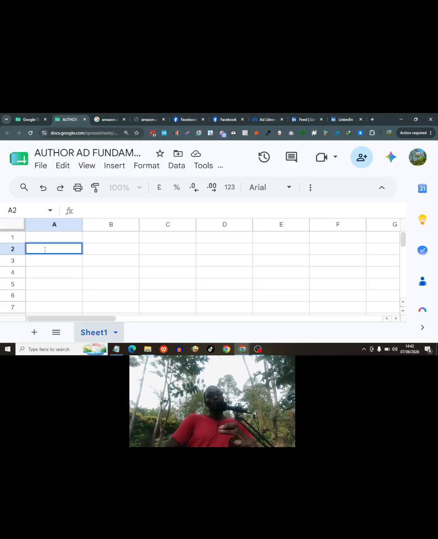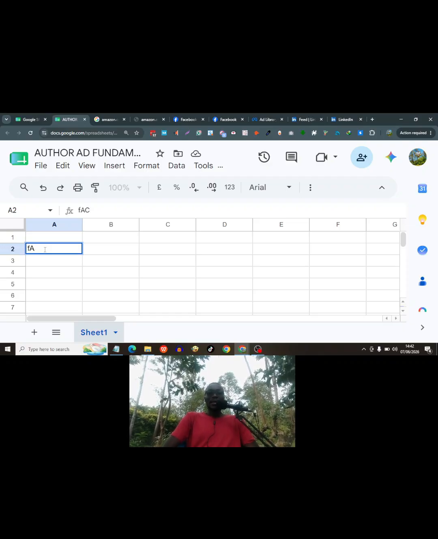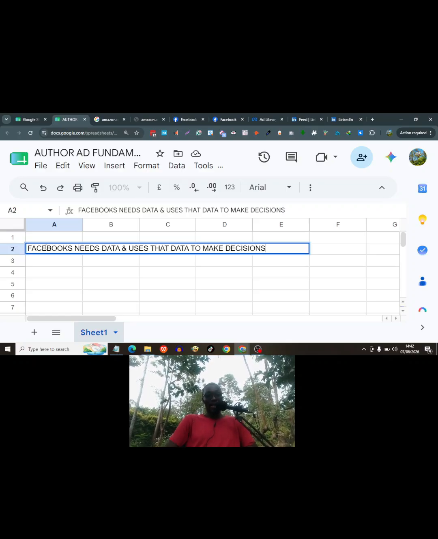So one fundamental to keep in mind is this: Facebook needs data, and uses that data to make decisions. Send the wrong data, you get wrong results.